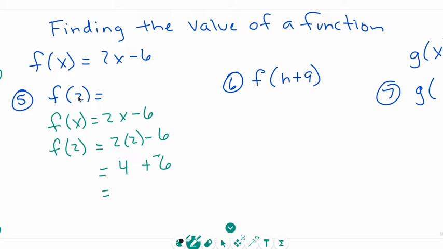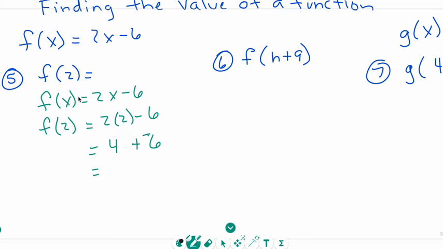So now I have 4 plus -6. What do I have more of? I have more negatives. How many more do I have? I have 2. So the value of the function when x is 2 is -2. I can also write that as an ordered pair, (2, -2).